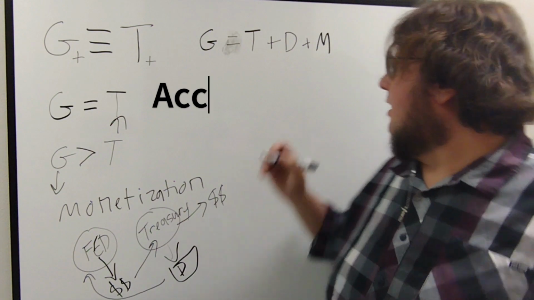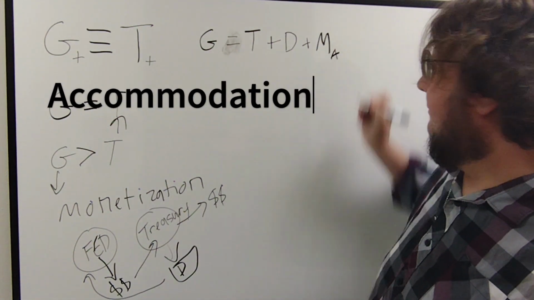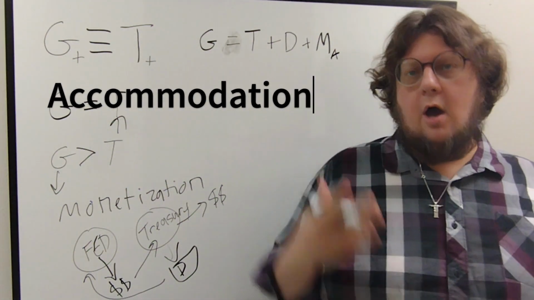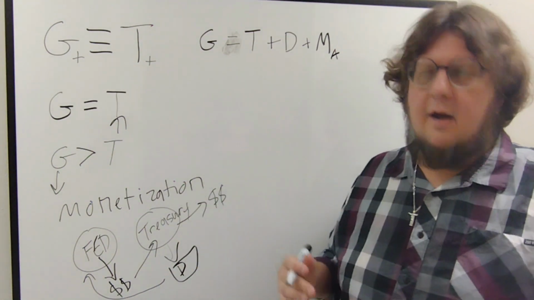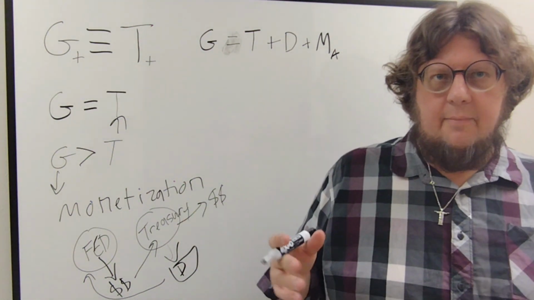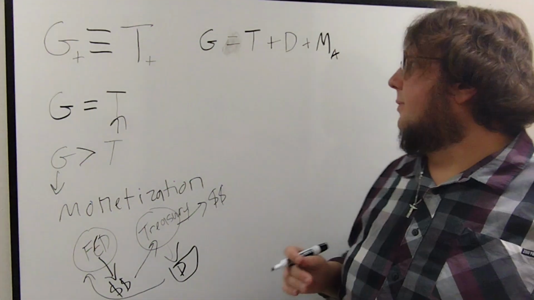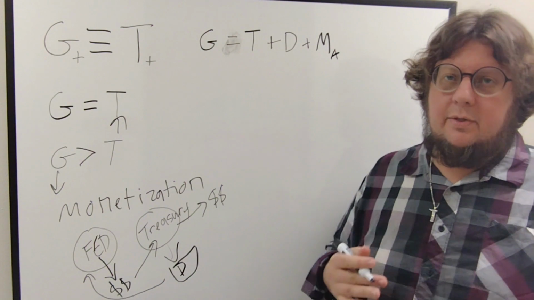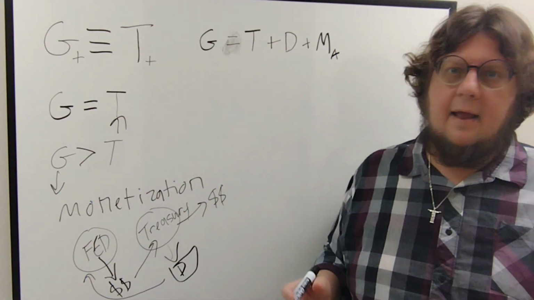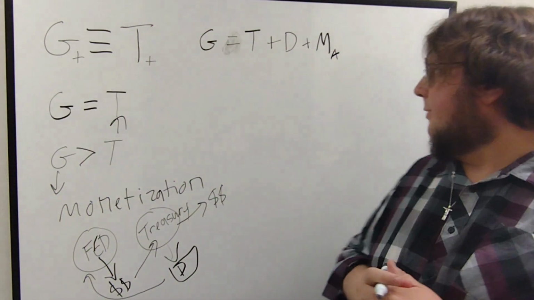We're going to call that accommodation. Okay, accommodation means they are accommodating a problem in the economy. Either there's not enough money floating around in the economy, or there's a crisis where money being injected into the economy would help, something like that. Monetization with an accommodative purpose is quite okay. That's not going to cause any kinds of problems.